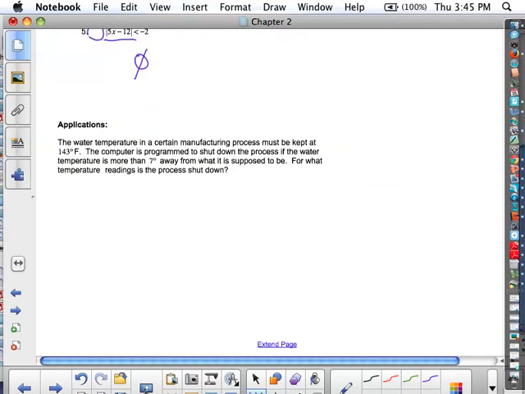Okay, application problem. The water temperature in a certain manufacturing process must be kept at 143 degrees. The computer is programmed to shut down the process if the water temperature is more than 7 degrees away from what it is supposed to be. For what temperature readings is the process shut down? So if you look at this, the absolute value of x minus 143 has to be greater than 7.